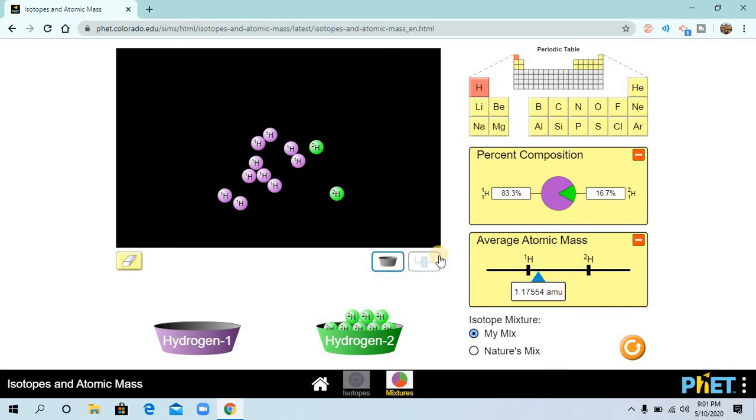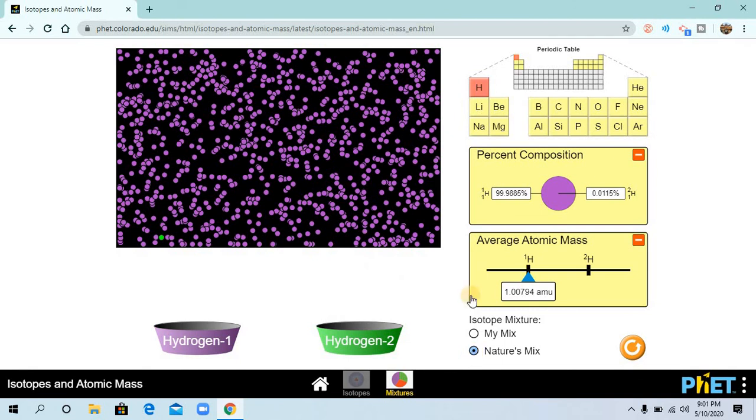Try to get very close to one. Let's remove this. If I do this, yes, for hydrogen it's very close to 1 amu. But if you want to see nature's mix, like hydrogen-1 and hydrogen-2, you can just click here on nature's mix. See here, this one is the nature mix. There is only one green dot here.